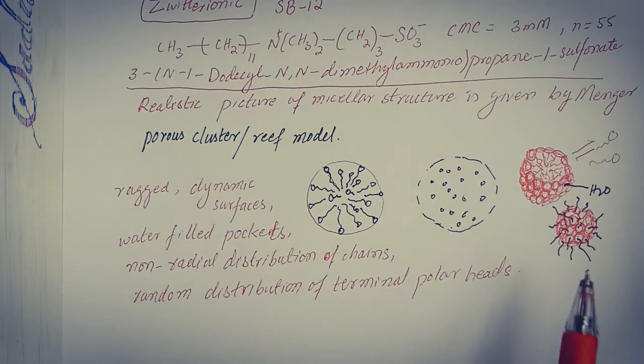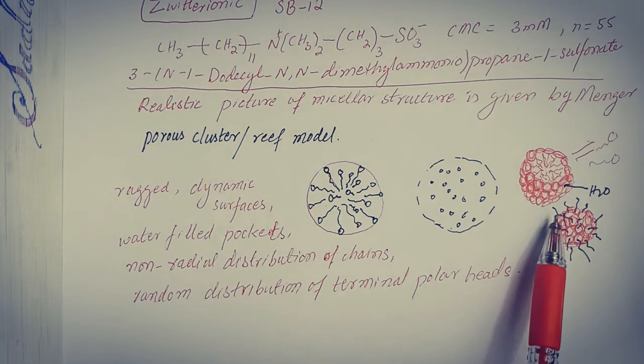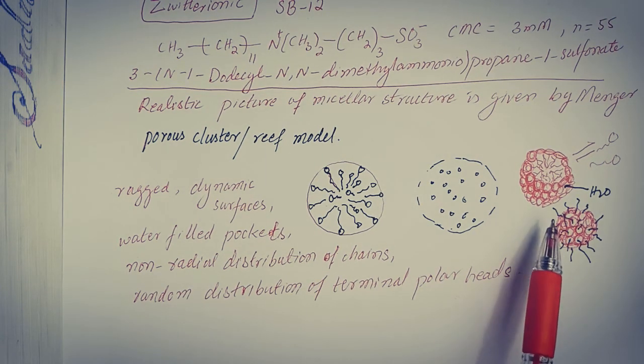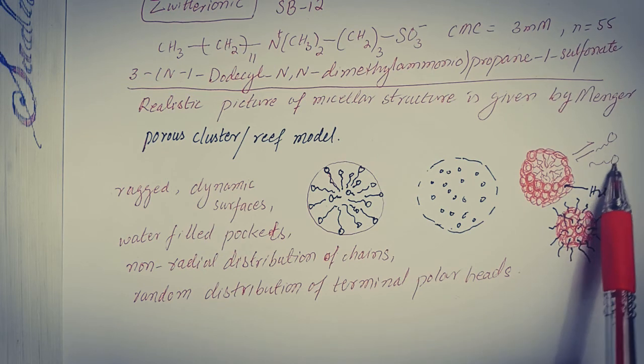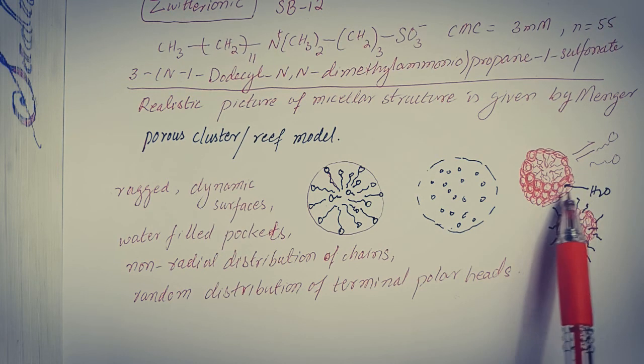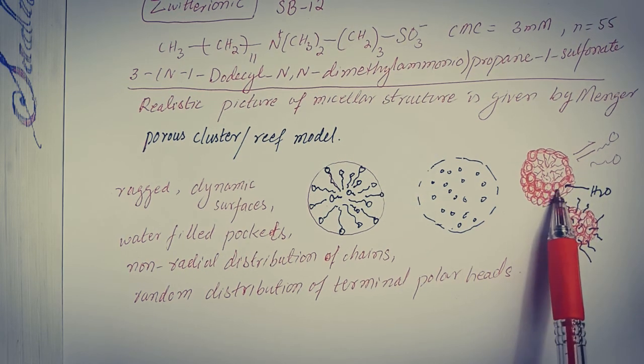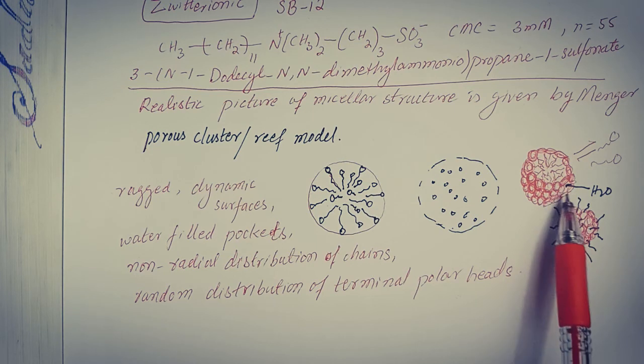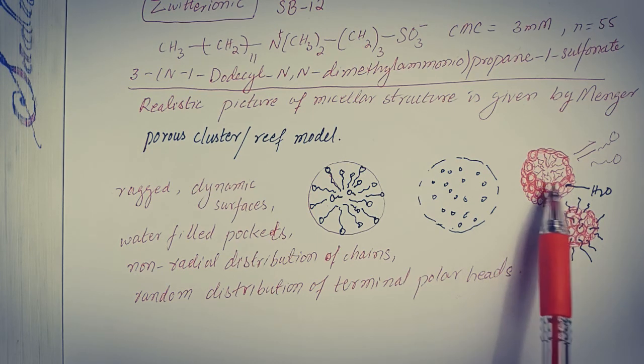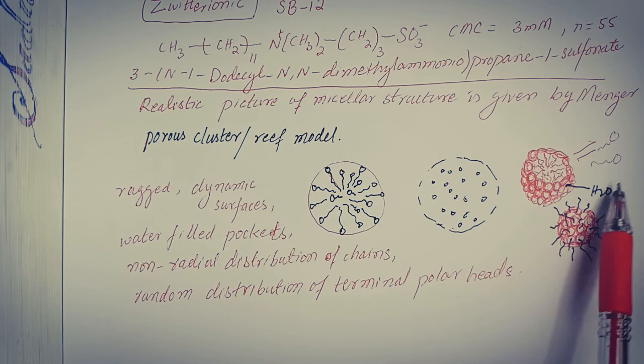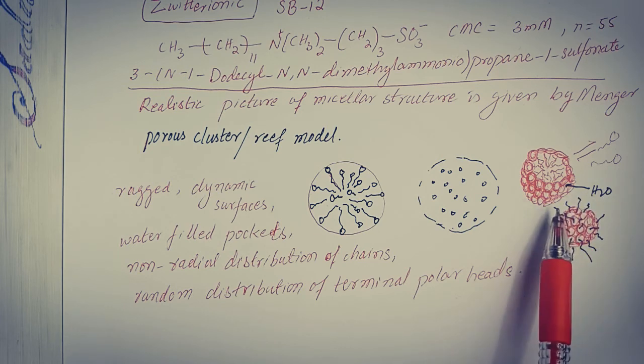And in reality, a micelle is a dynamic molecular assembly which exists in equilibrium with its monomer. So these monomer molecules tend to move within this micelle, and a unit of this micelle may leave this aggregated structure.